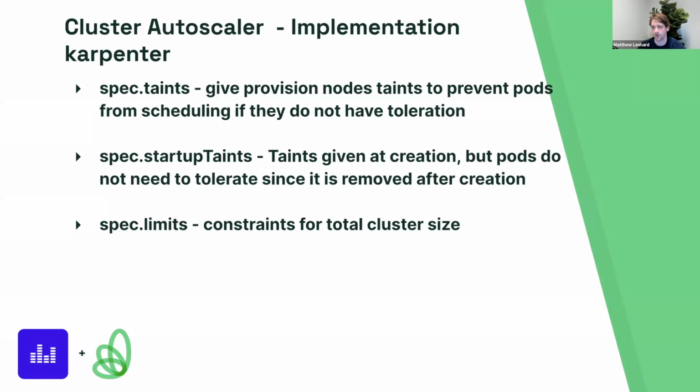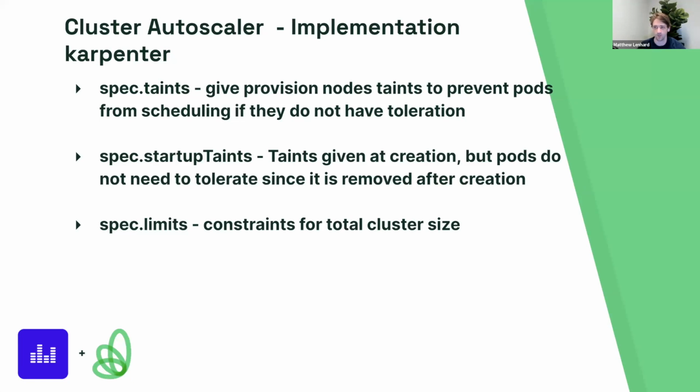If the pods don't have the correct toleration for that taint, they won't be scheduled. Next is the startup taints. I call this out specifically because it can be a gotcha. These are taints given at creation, but that a daemon set or some other workload will manually remove after a given time.